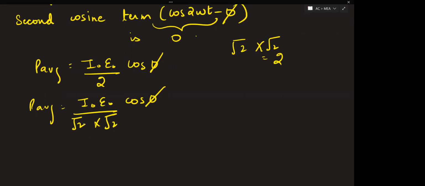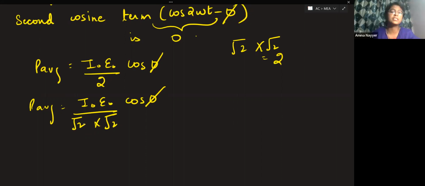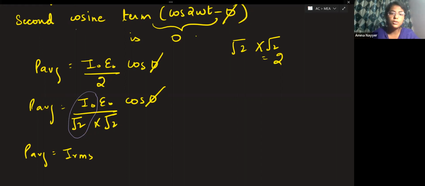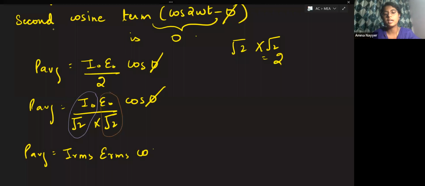IRMS, perfect. This I naught divided by root 2 is 1 by root 2 times the peak value, which is the IRMS. Similarly, E naught divided by root 2 is the ERMS. IRMS ERMS cos phi is the average power.